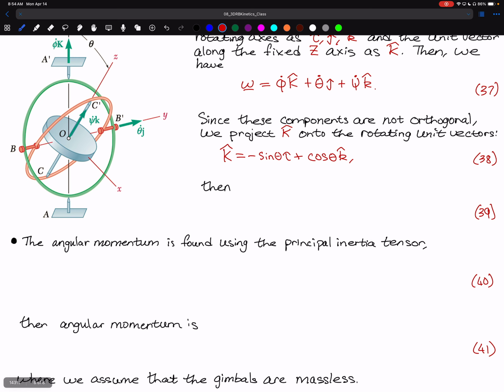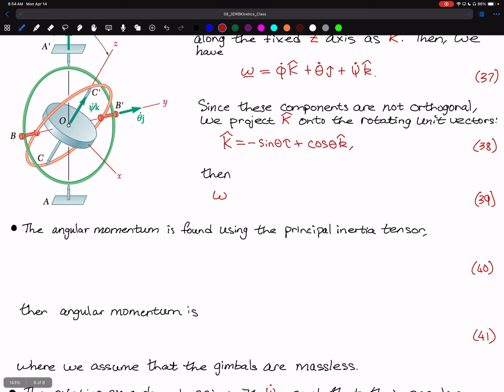We'll find that omega must be equal to minus phi dot sine theta i plus theta dot j plus the quantity psi dot plus phi dot cosine theta times lowercase k hat.